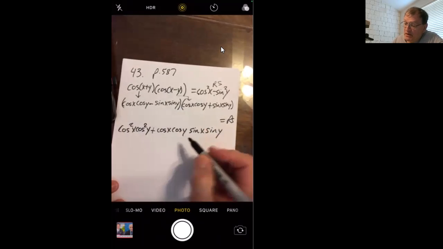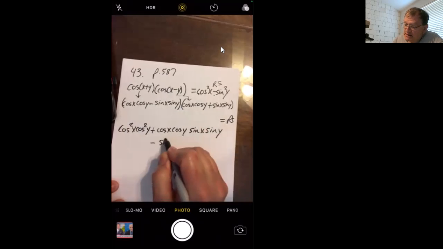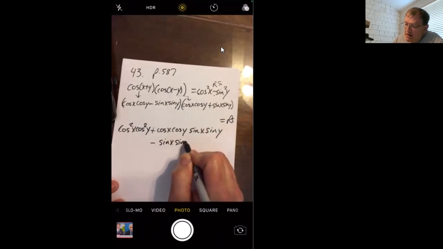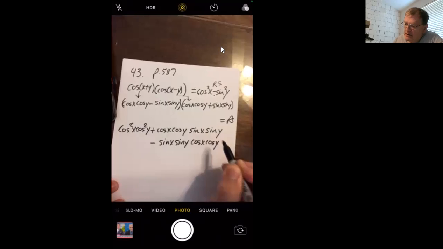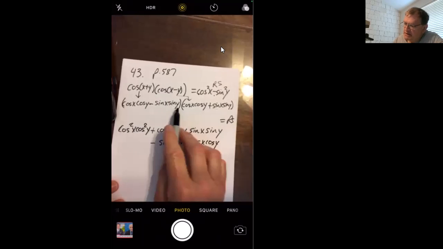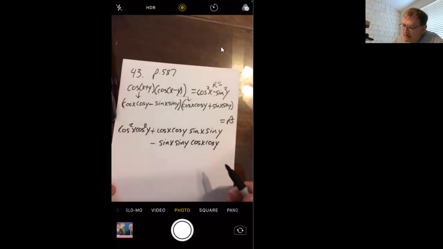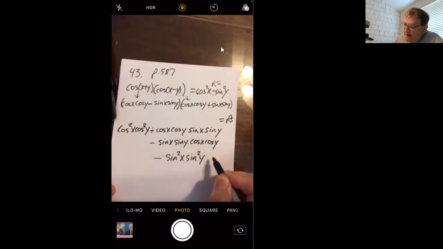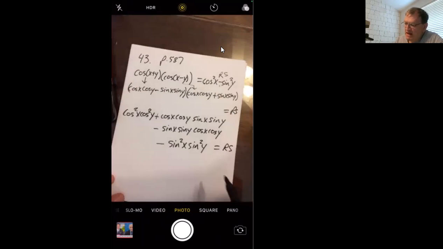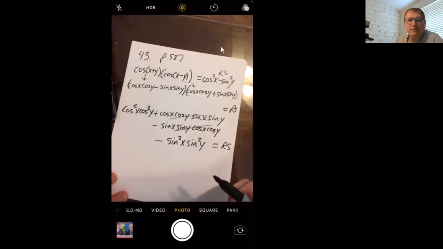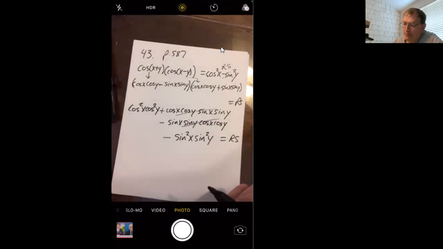So it is going to cancel. Minus sine x, sine y, cosine x, cosine y. And your last piece is going to be sine squared x, sine squared y, minus sine squared x, sine squared y, equals right side. Must equal this. All right, you can see all of this does cancel, even though it's written a little reversed, but they are identical.